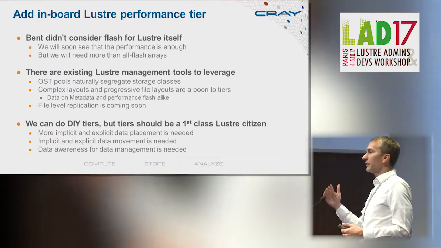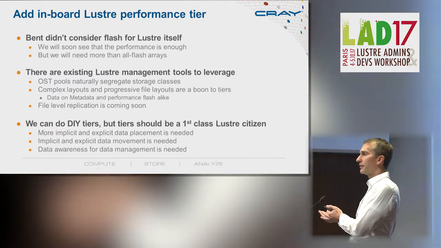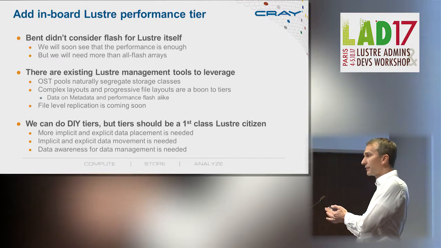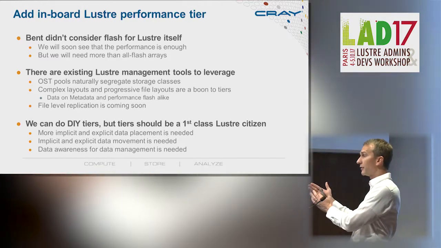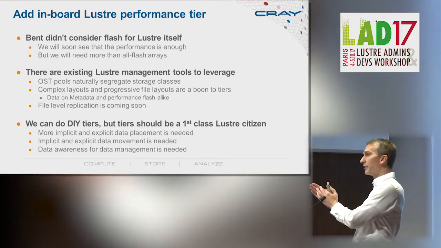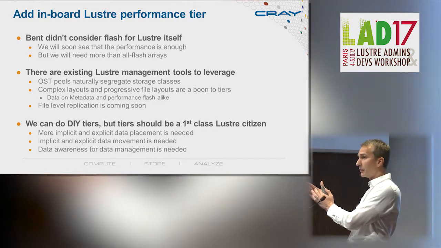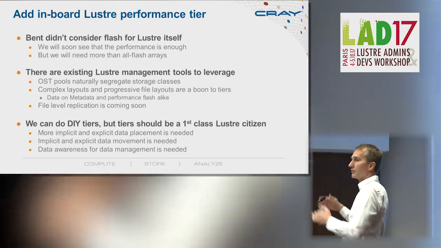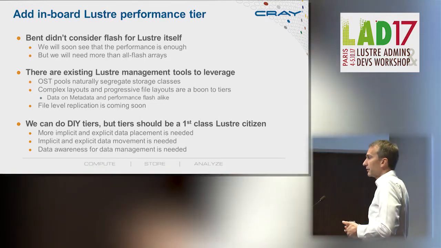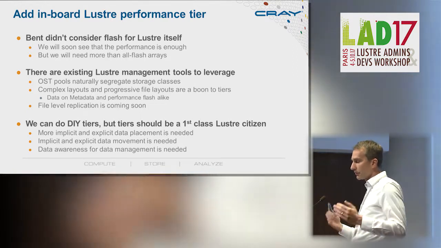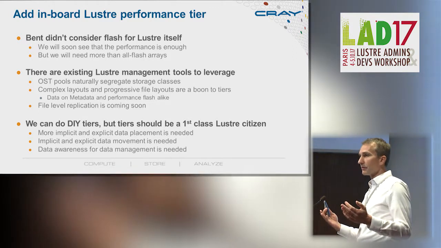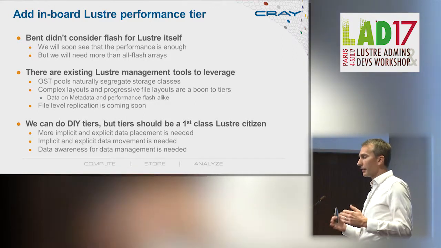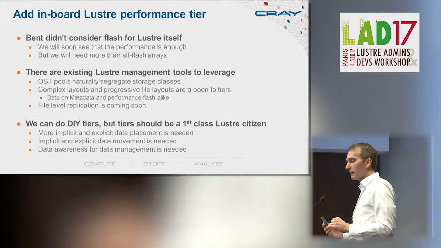They allow us to set a stripe for a file or a directory that could fill a tier of flash storage, and then when that's in danger of becoming full and you're still growing your file size, you can break out into the rest of the storage targets out there. So that's great. And we've got things like file replication that are coming soon. But again, that's not quite enough.